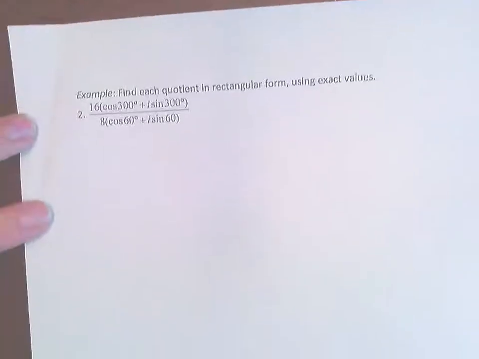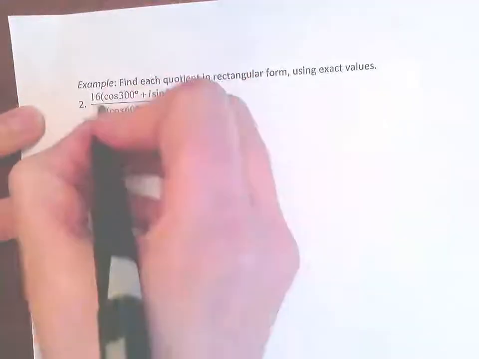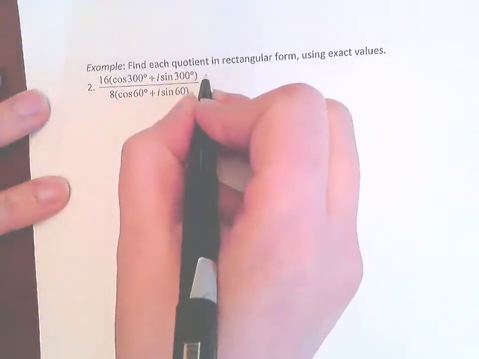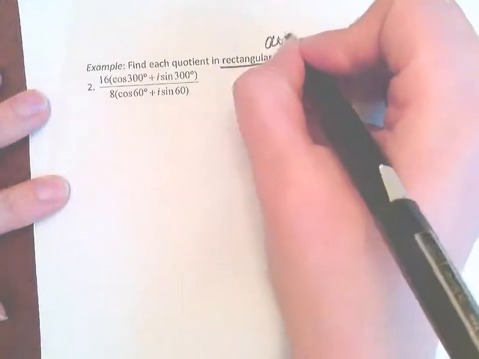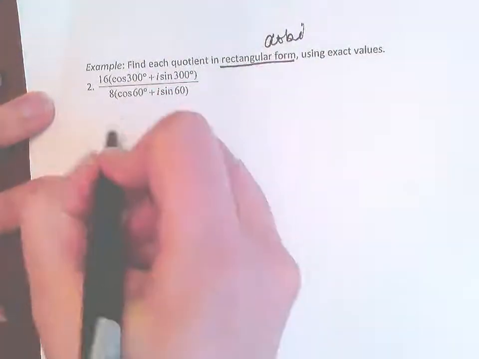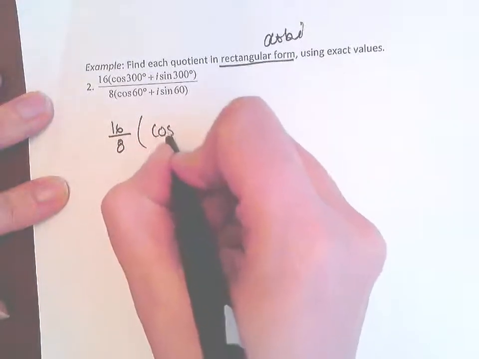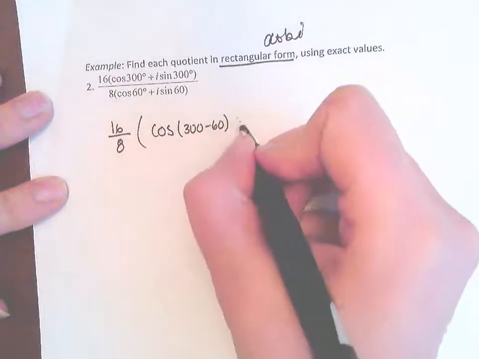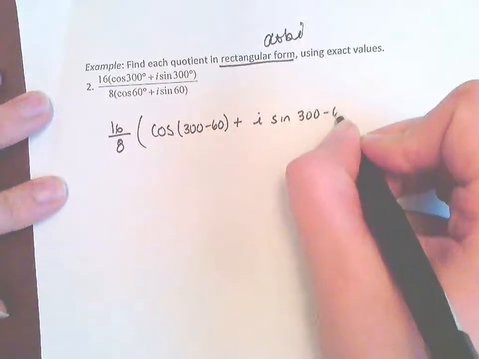Alright, now I'm just going to start this, and we're not really going to finish it, just so that this video doesn't take too long. So this is division in polar trig form. I want to write it in rectangular form, which means a plus bi. So 16 divided by 8 is first, and then in here we have cosine of 300 minus 60 plus I sine of 300 minus 60.